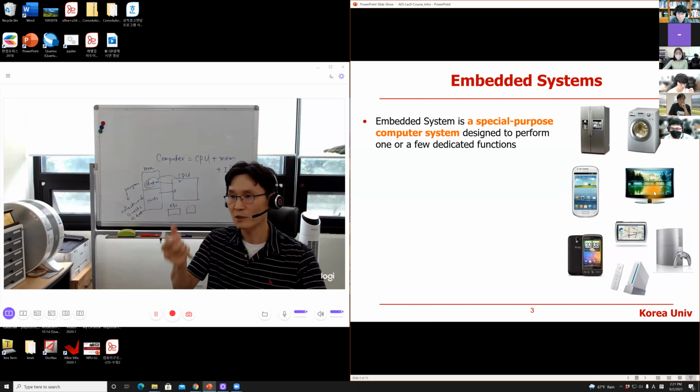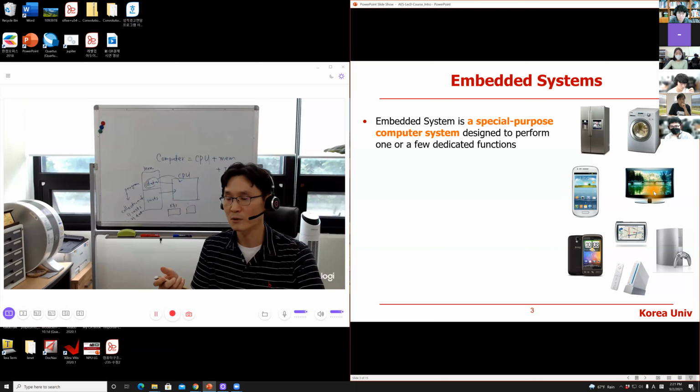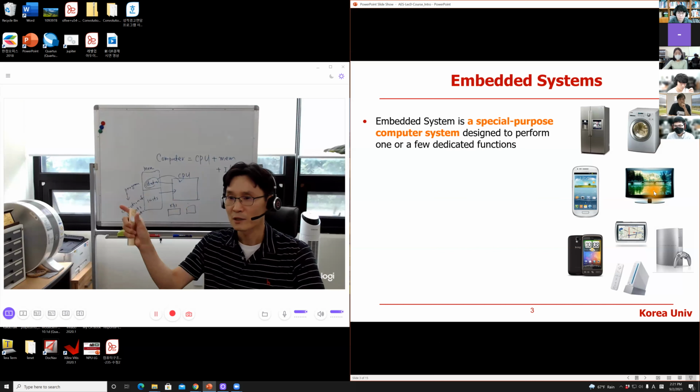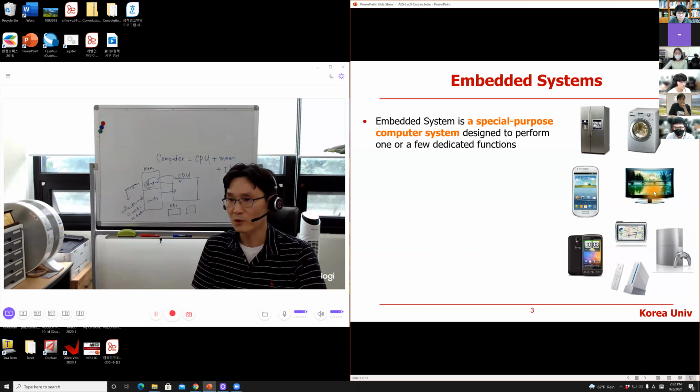So you can scroll up and down, then make some reservation. Okay, I want to watch that 9 o'clock news, right? So the computer inside this TV is designed to do only that kind of task. Special purpose computer.